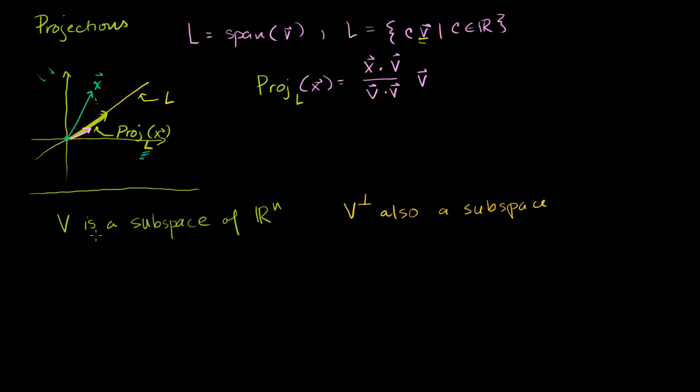Then if we have these two subspaces, a subspace and its orthogonal complement, we already learned that if you have any member of Rn, so let's say that x is a member of Rn, then x can be represented as the sum of a member of V and a member of the orthogonal complement of V, where the vector v is a member of the subspace V, and the vector w is a member of the orthogonal complement of the subspace V. Just like that.